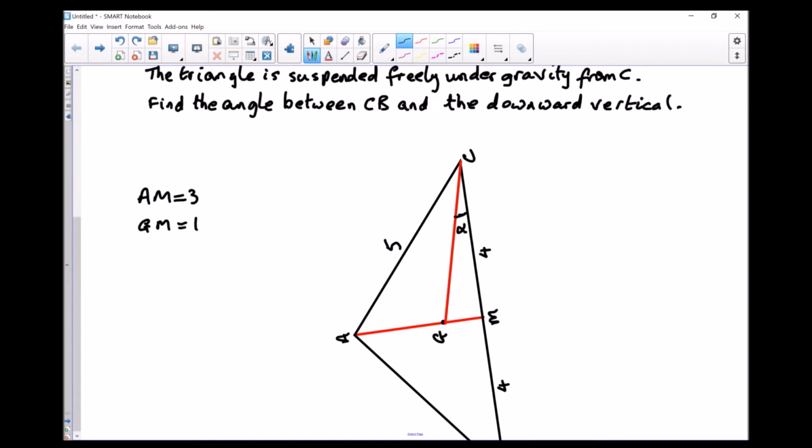Let's call it alpha. This is 1. The side MC, which is lying on its side there, is 4. Tan alpha, therefore, is 1/4.